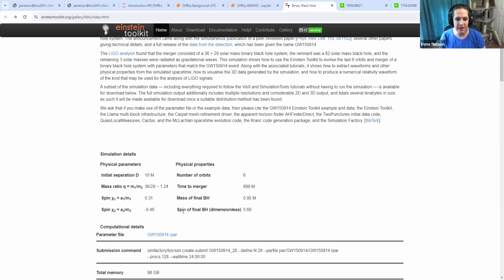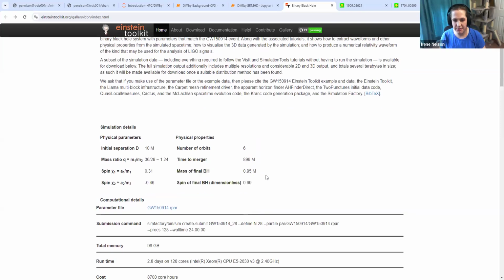We can see that in the simulation itself, we don't have specific black hole masses. Instead, we have the black hole mass ratio, and we have the initial separation given in terms of the system's mass. The time to merger is also given in terms of mass as well.